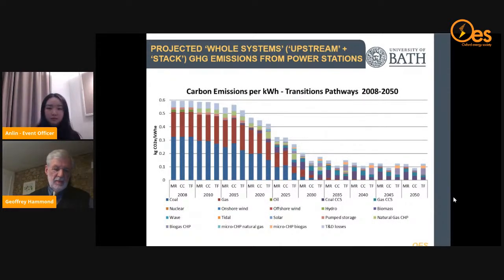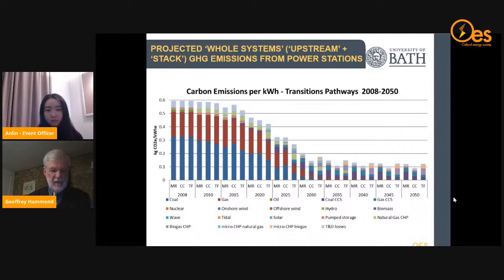Here you see for each of the three pathways, MR, market rules, CC, central coordination, and DF, Thousand Flowers, what happens as we go out from 2008 or thereabouts until we get to 2050. And you'll see that there's a significant fall in carbon emissions under each of these scenarios. But this is the whole system, so it's upstream effects plus stack effects.